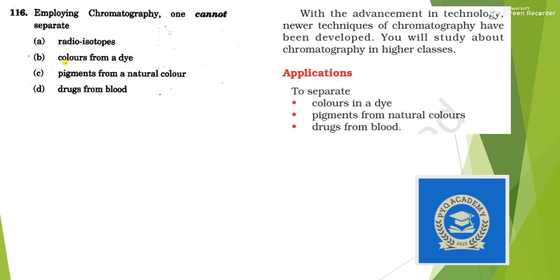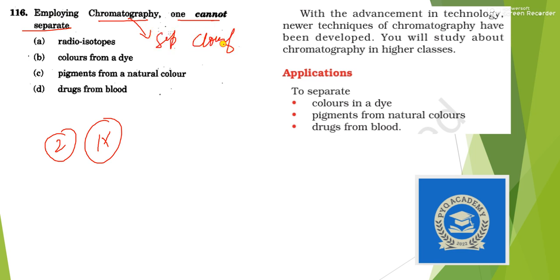In the next question, it is from second chapter of class 9, Is Matter Around Us Pure. Okay, so employing chromatography, one cannot separate. So chromatography is known for separating colorful mixtures.